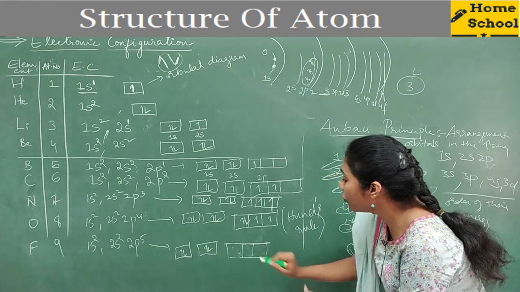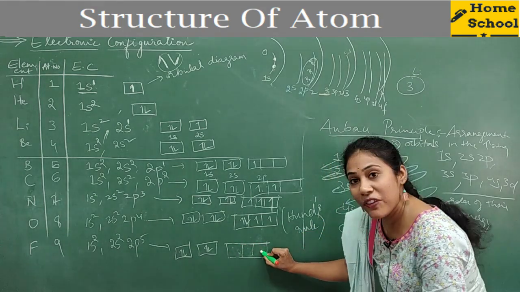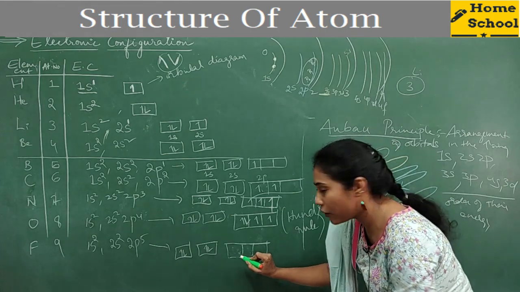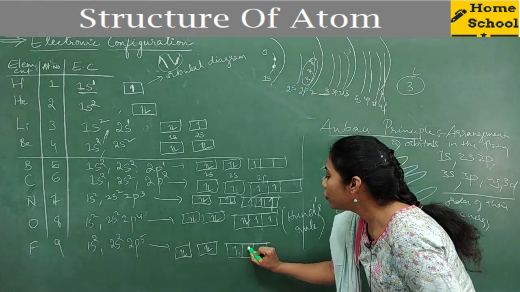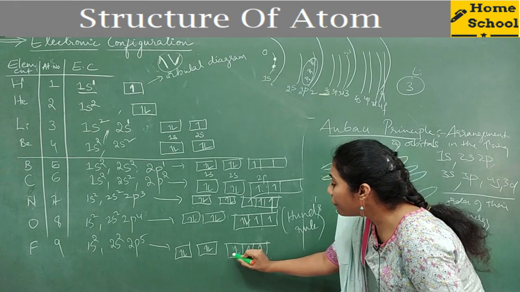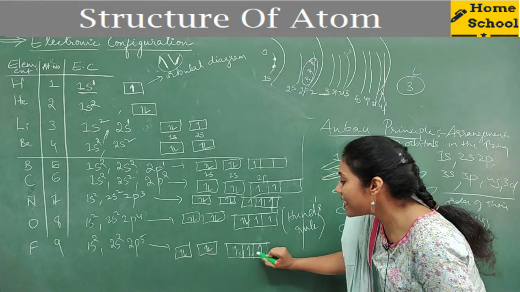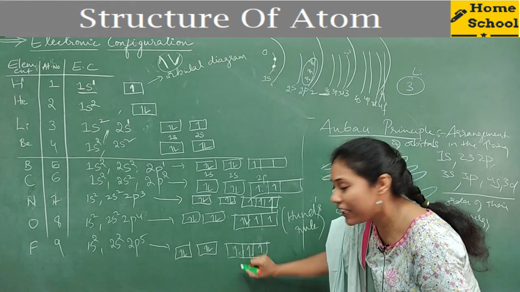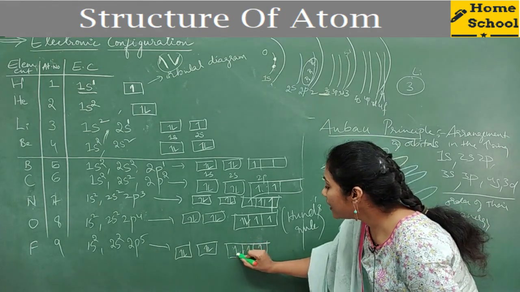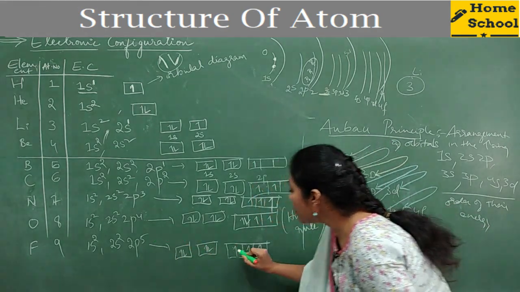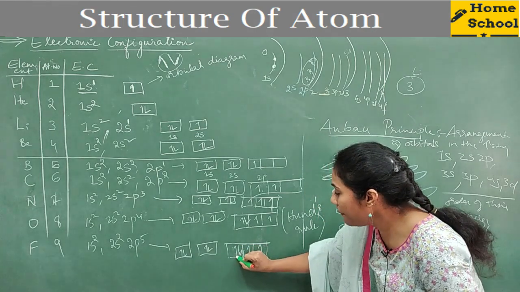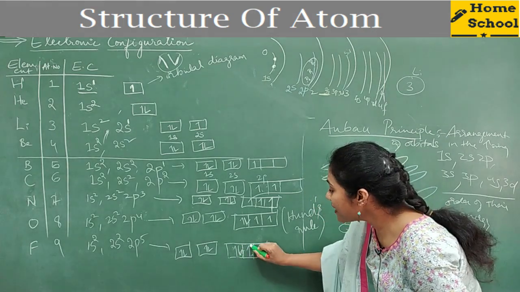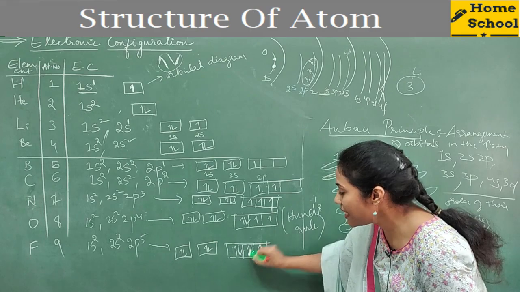What is our Hund's rule? Each orbital should first be filled singly with a single electron. Say 1, 2, 3. After each orbital is filled with a single electron, if a fourth electron is there, it starts pairing with the first one. See, 3 electrons, now 2 more electrons. This is our fourth electron, which pairs with the first one, and this is our fifth electron, which pairs with the second one.